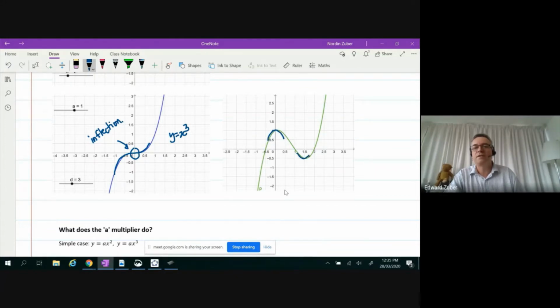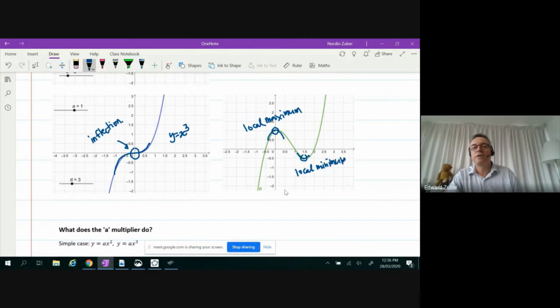humps like this. Now we don't call these vertices. They're called turning points because the function is turning here. And in fact, this one, you might guess why, is called a local maximum. And this one's called a local minimum.